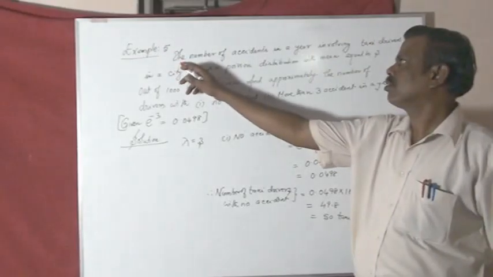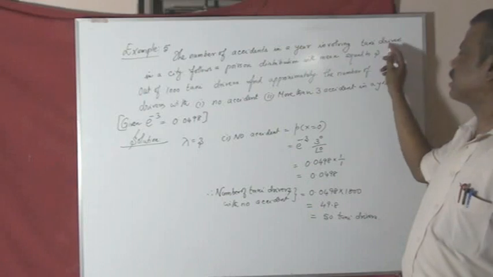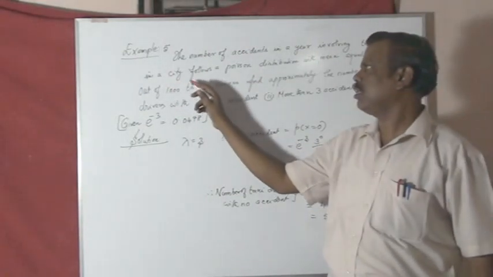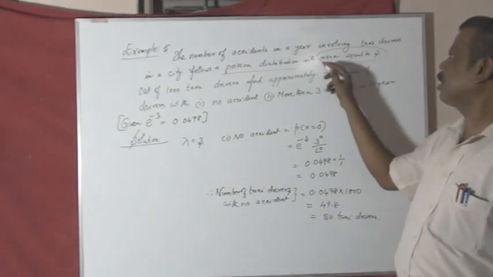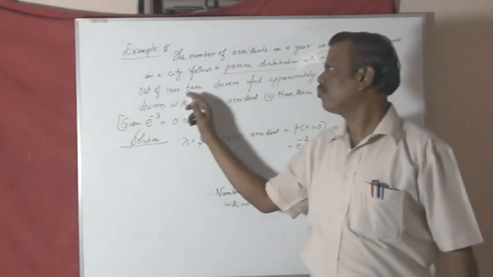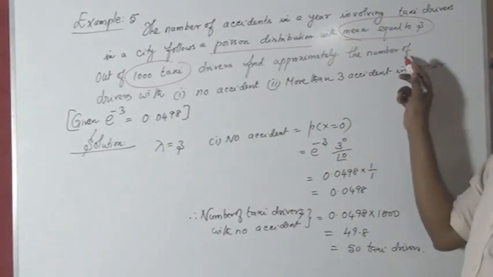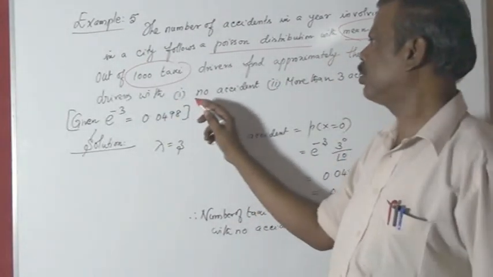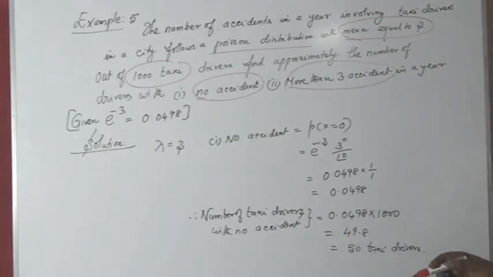Example 5. The number of accidents in a year involving taxi drivers in a city follows a Poisson distribution with mean equal to 3. Out of 1000 taxi drivers, find approximately the number of drivers with no accident, and more than 3 accidents in a year.